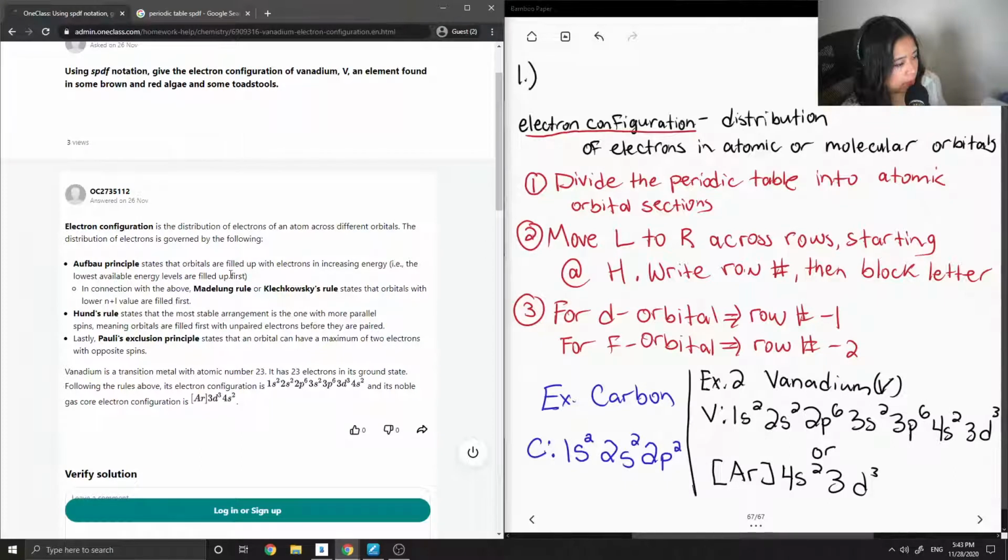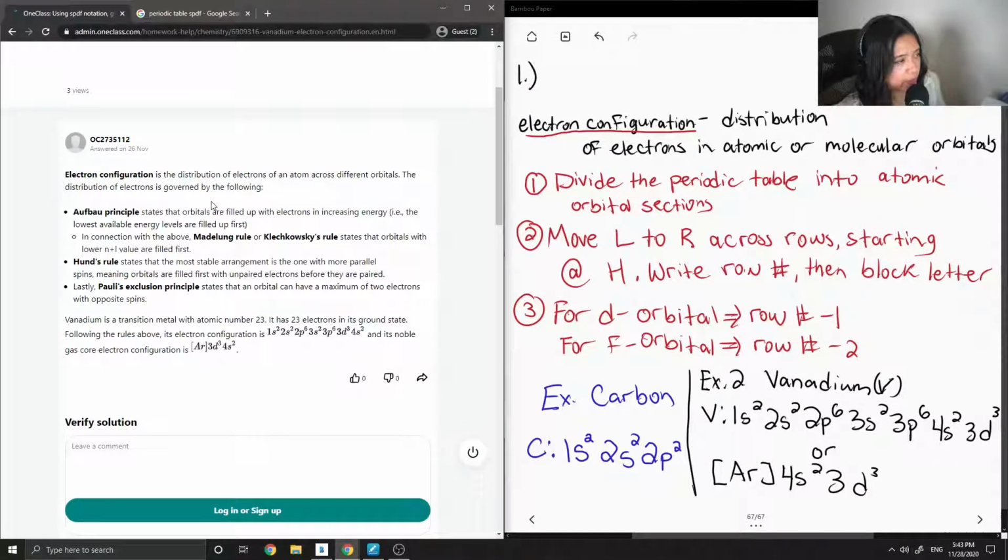Okay, so the junior tutor said, electron configuration is the distribution of electrons of an atom across different orbitals. The distribution of electrons is governed by the following. Aufbau principle states that orbitals are filled up with electrons in increasing energy. Example, the lowest available energy levels are filled up first.